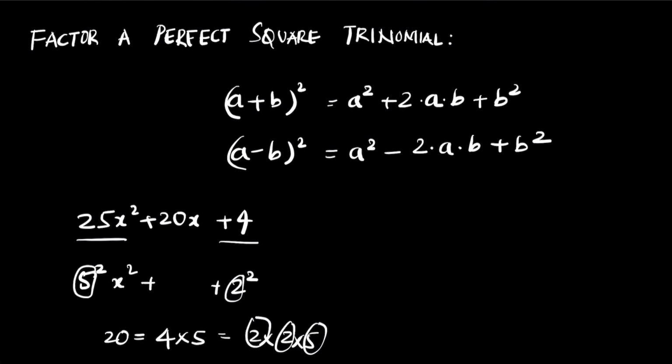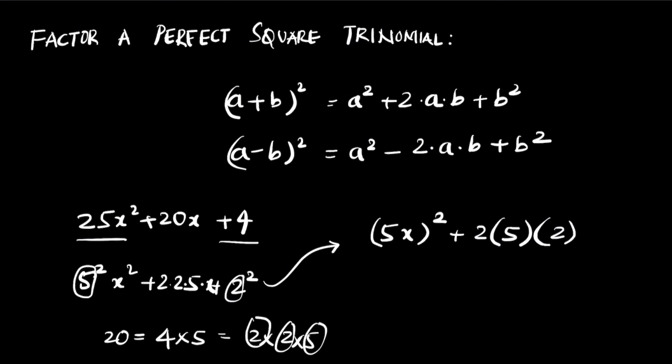So this entire expression can be written as 5x whole square plus 2 times 5x times 2 plus 2 square.